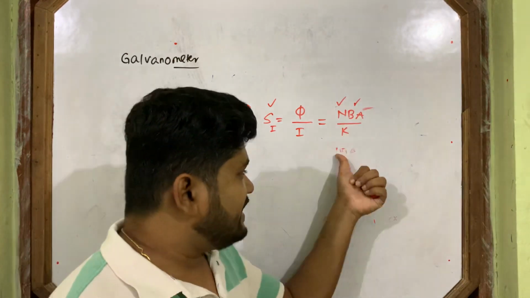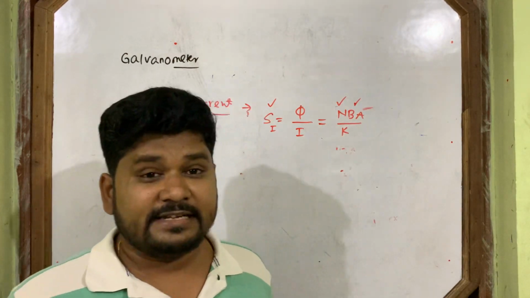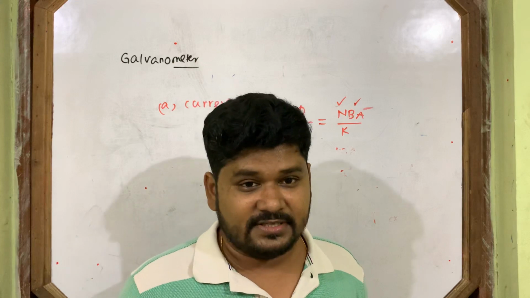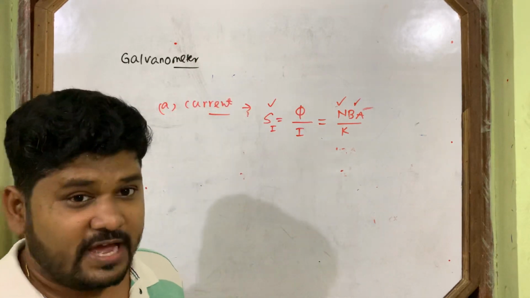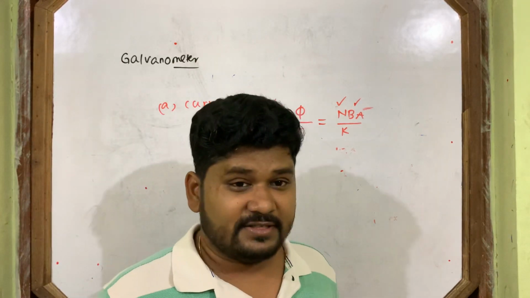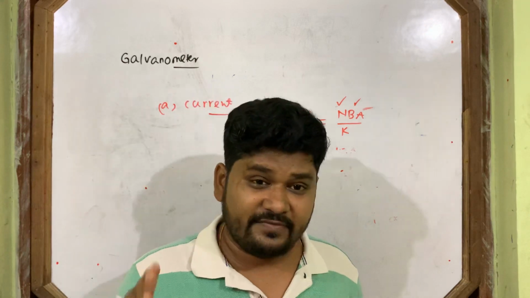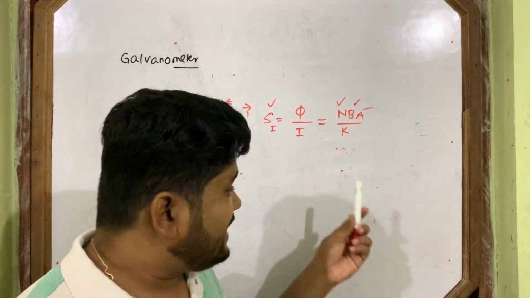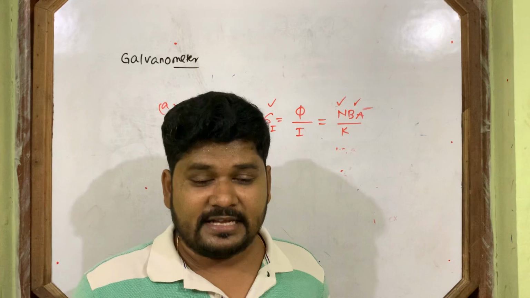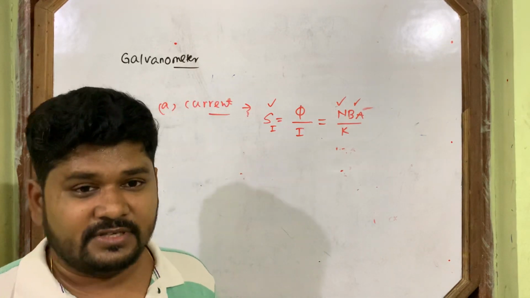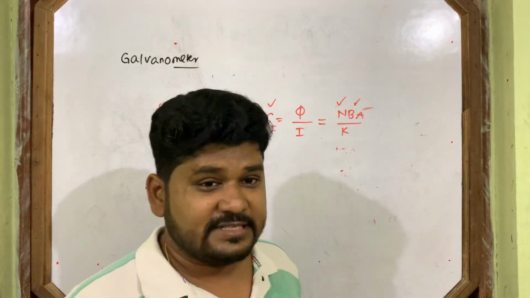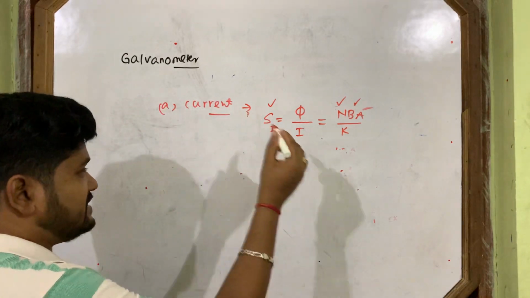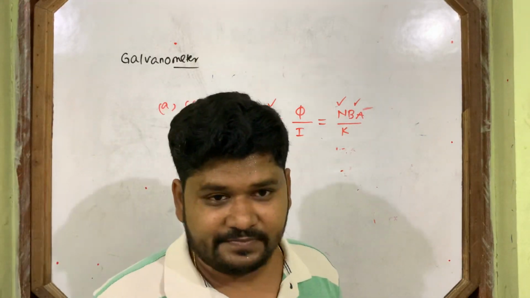By decreasing K, the torsion constant, which means we have to choose such a material for the spring that K is as little as possible. Then the current sensitivity will be more.